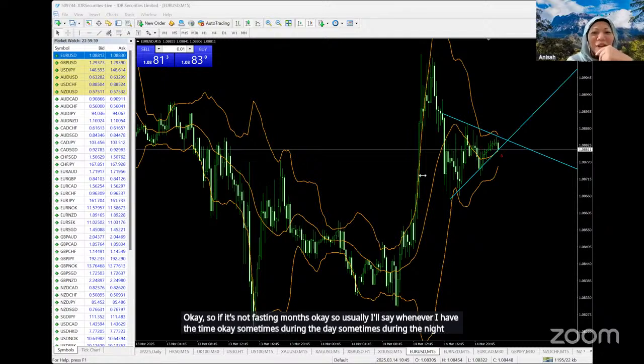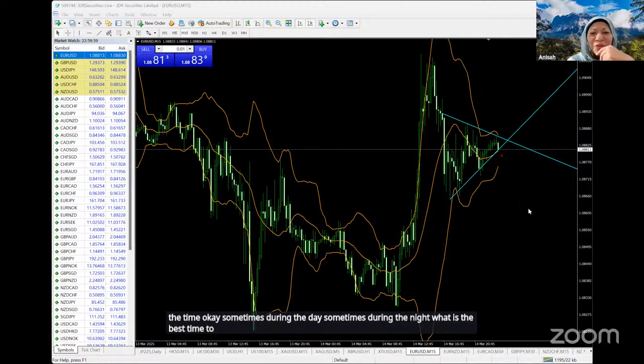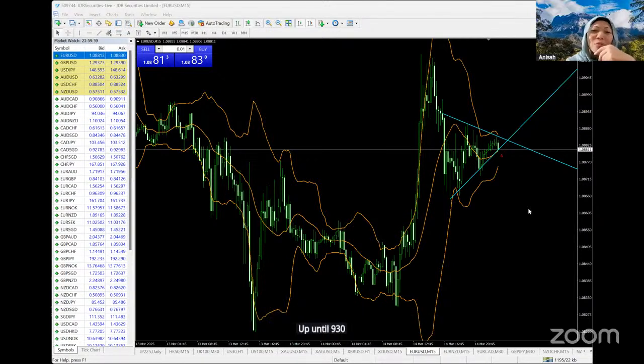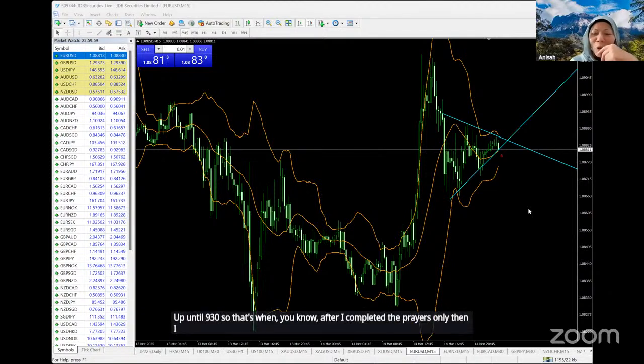What is the best time to trade for you? As I mentioned earlier, because this is the fasting month, we have additional prayers up until 9:30. So after I complete the prayers, only then I open my charts and start trading if there is an entry.